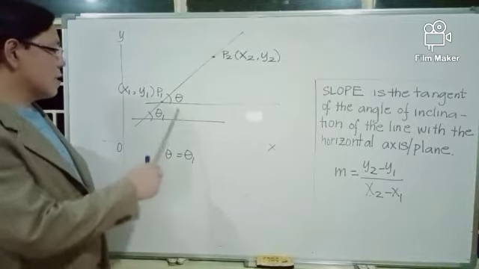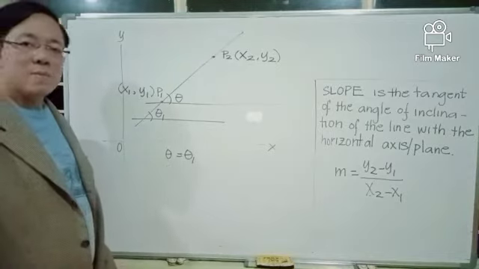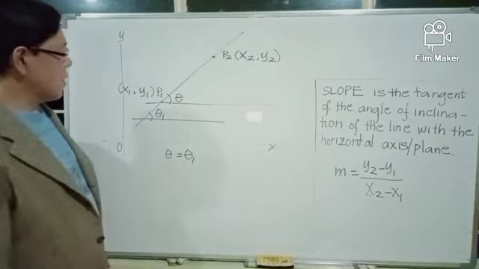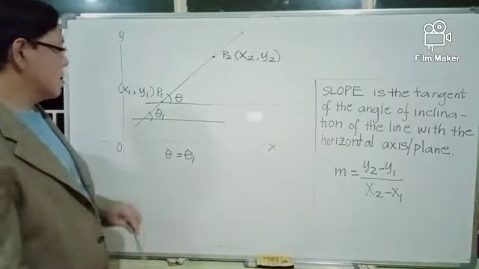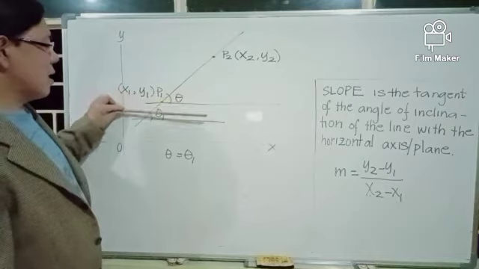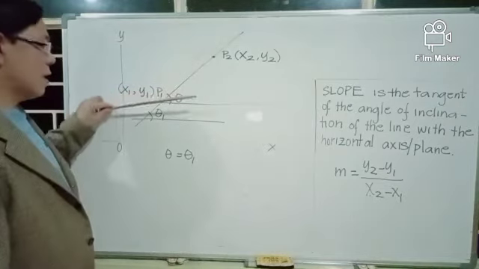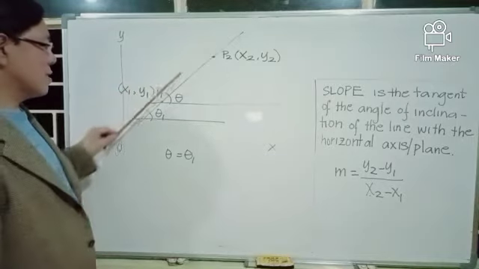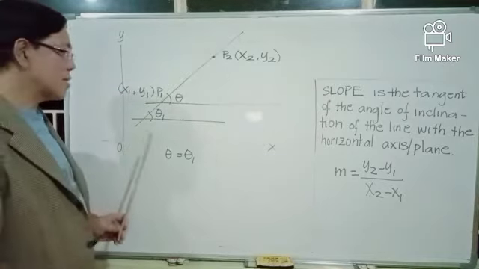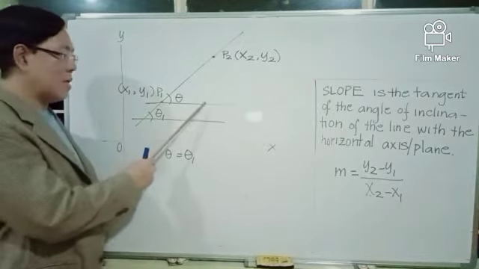Now, this angle theta and theta 1 are equal because from geometry we have a theorem that says if two parallel lines are cut by a transversal, now this line and this line are parallel, and the given line here is our transversal line. The transversal line cuts these parallel lines.